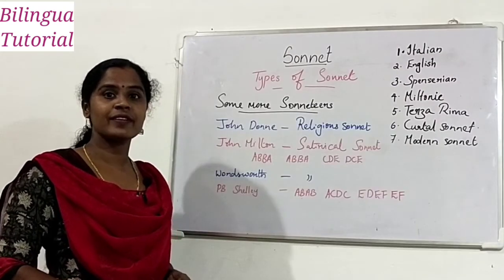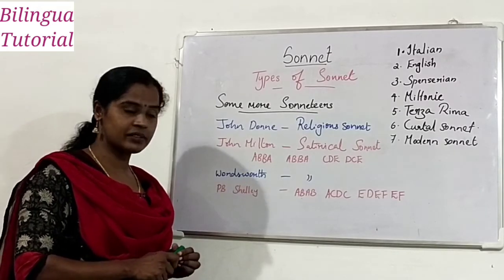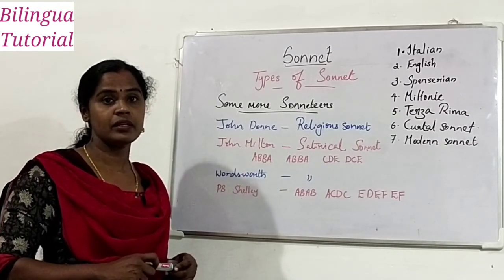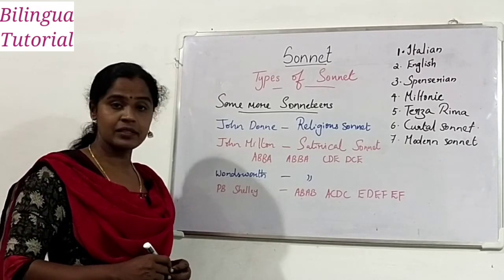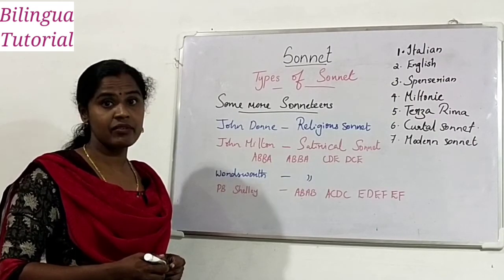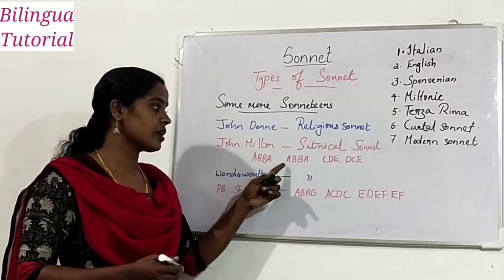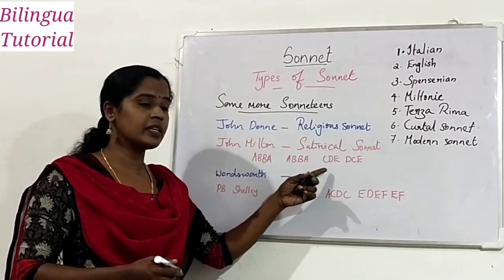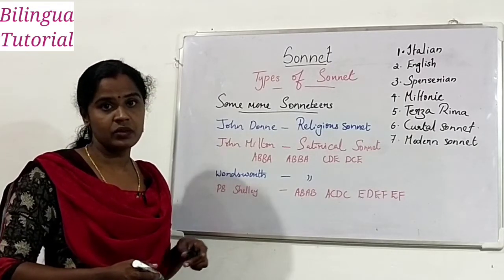Then some more sonneteers we can see. It is John Donne. John Donne wrote religious sonnets. Then John Milton. John Milton wrote satirical sonnets, and he developed a new rhyming scheme, ABBA, ABBA, CDE, DCE. Then Wordsworth.